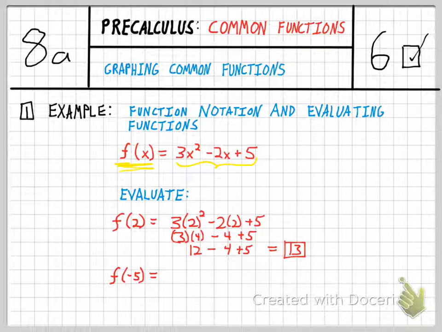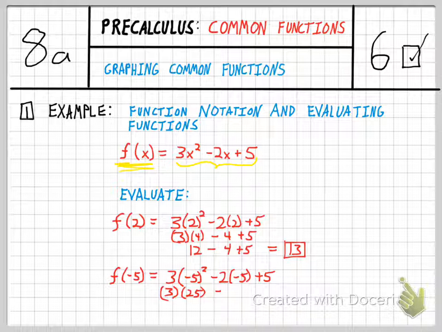Second example, very common to make mistakes with negatives, so once again you have to be very careful. I want to do 3 times my new input, this time negative 5, squared minus 2 times negative 5 plus 5, and again being really careful with my negatives. This is going to be 3 times positive 25.